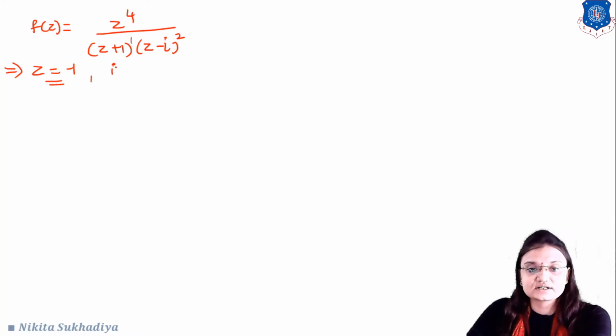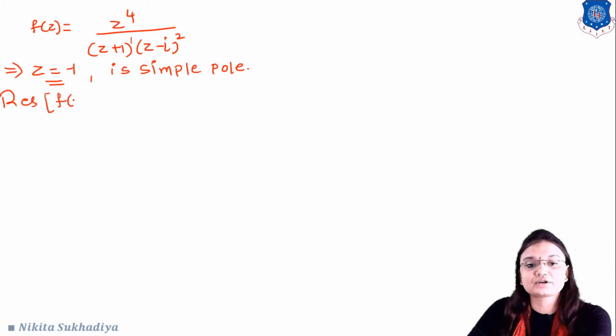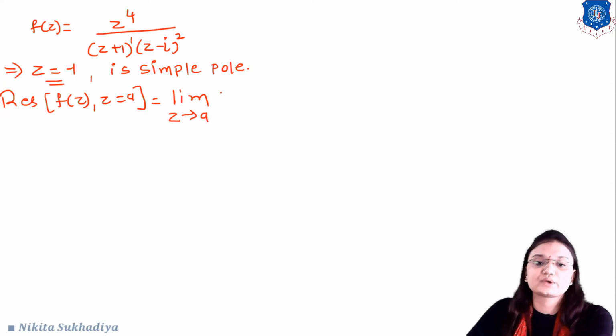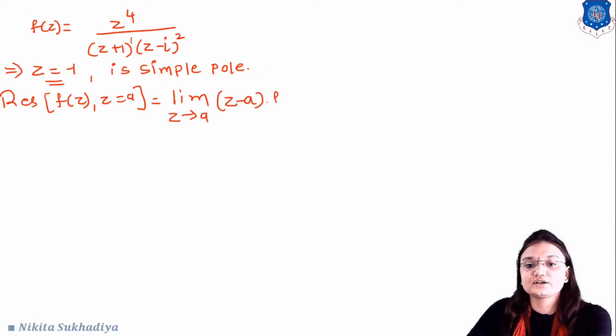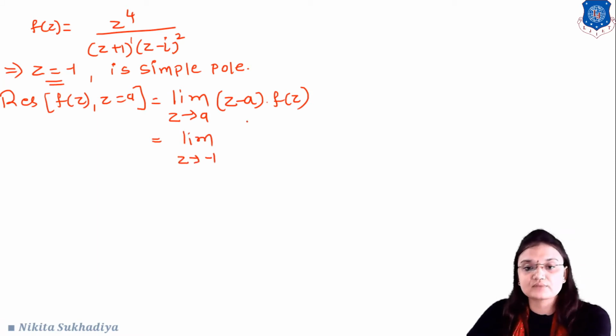So the residue for a simple pole, residue of function f of z at z is equal to a, is the limit as z tends to a of (z minus a) into f of z. And what is the point a? That is minus 1. So put a is equal to minus 1.